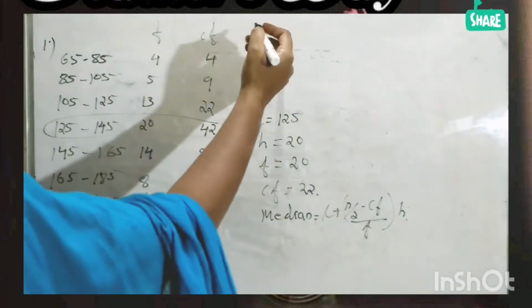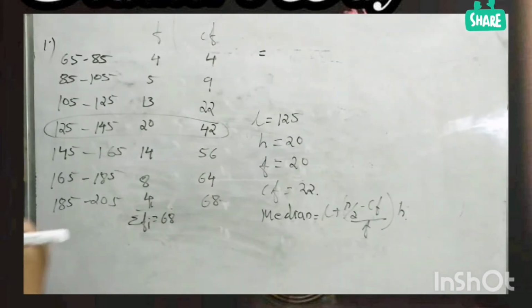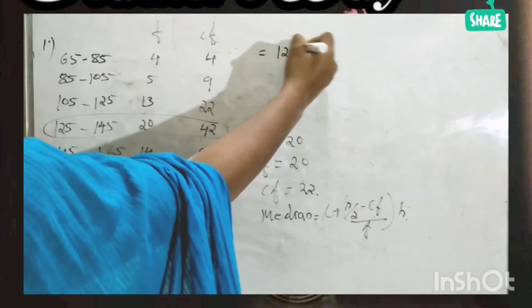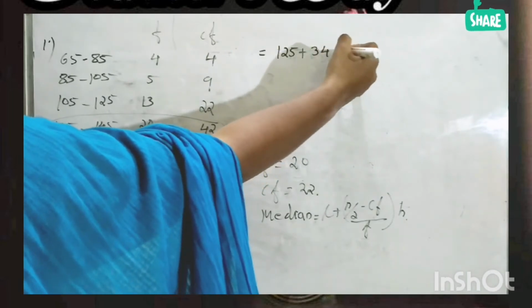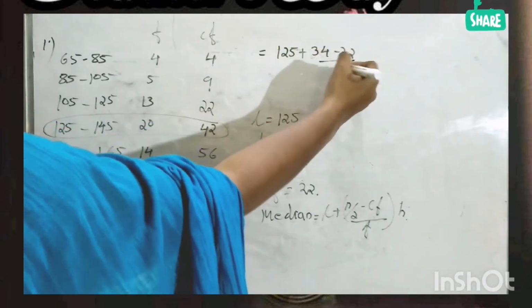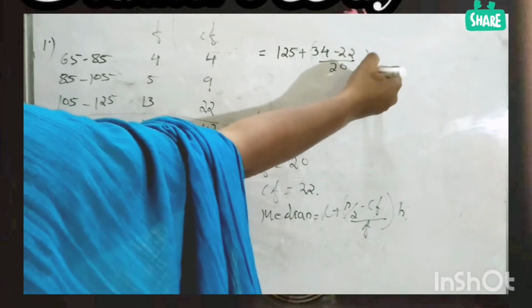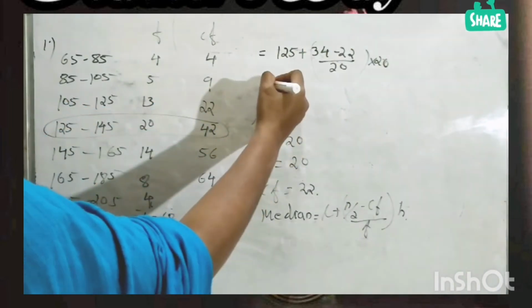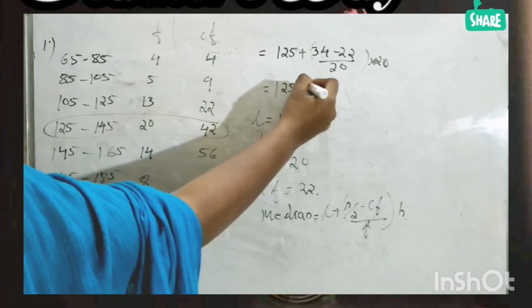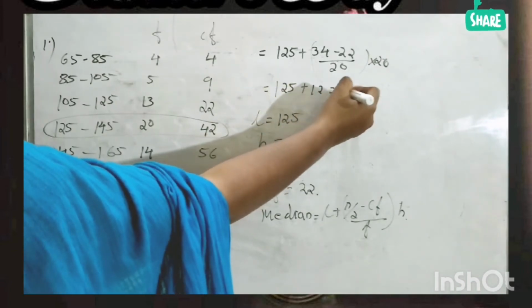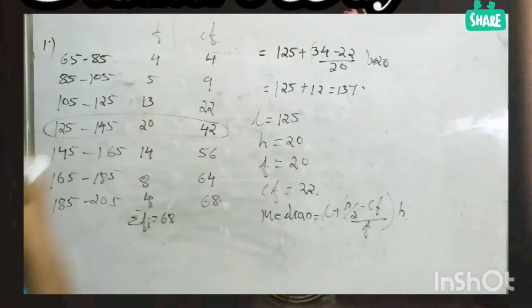Then we will get median is equal to L is 125 plus n by 2 34 minus CF is 22 divided by 20 into 20, and this is equal to 125 plus 12 is equal to 137. So we got the value of the median, that is 137.